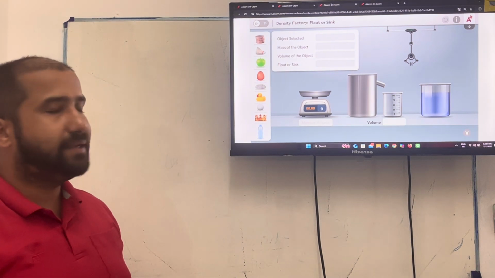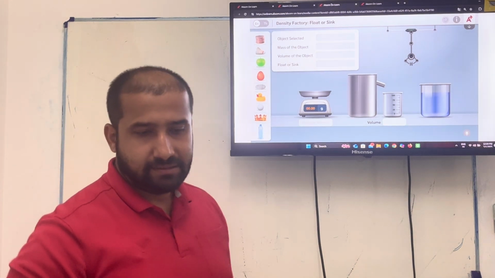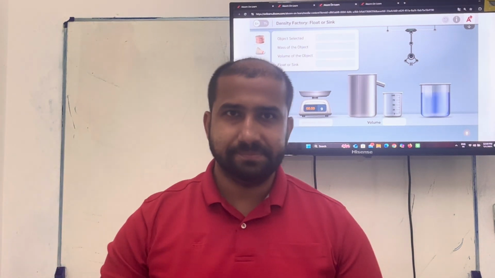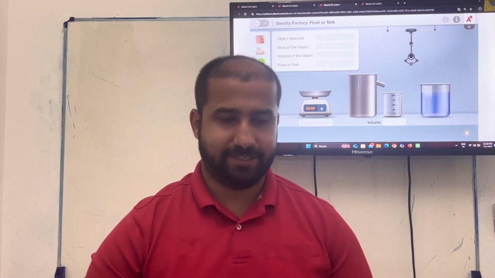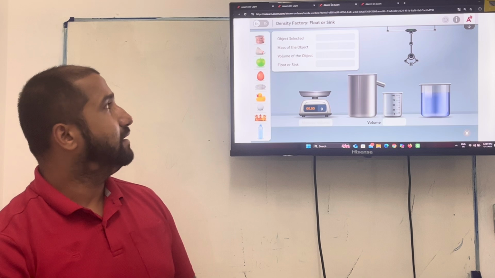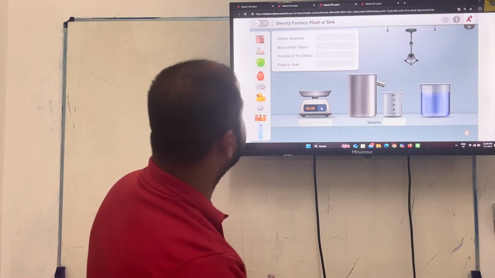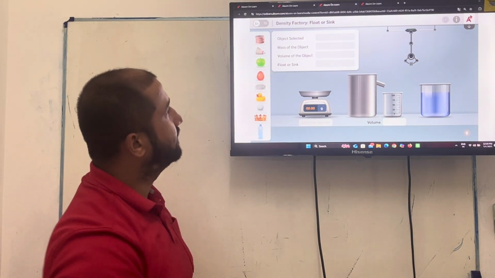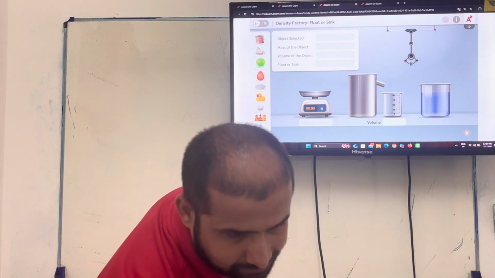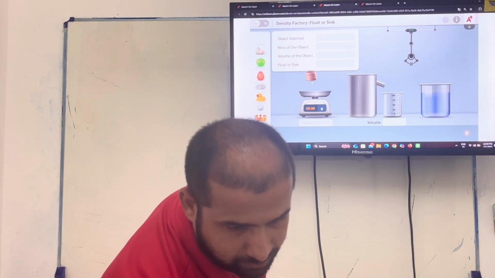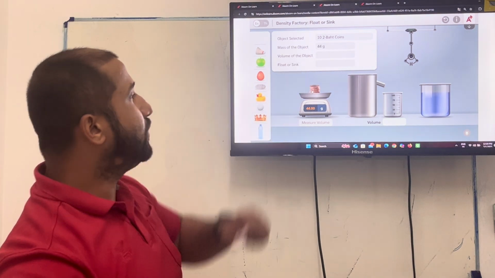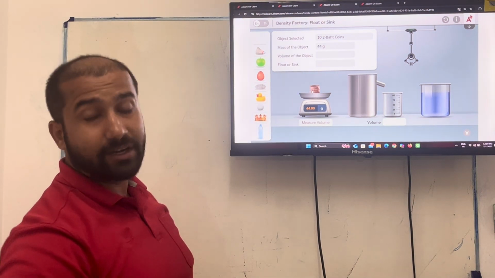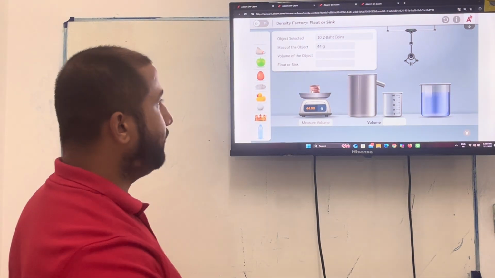As you can see, everyone, are you ready? So let's start. Let's take the first object. If I put it here, as you can see, there are 10 2-watt coins.